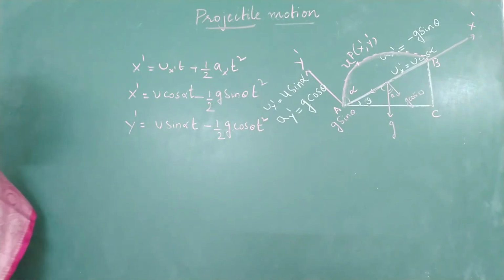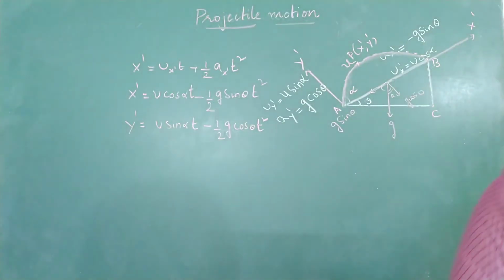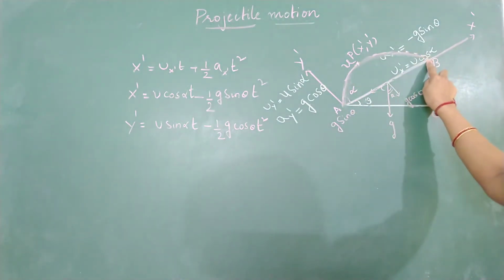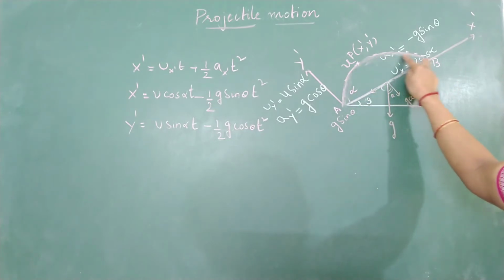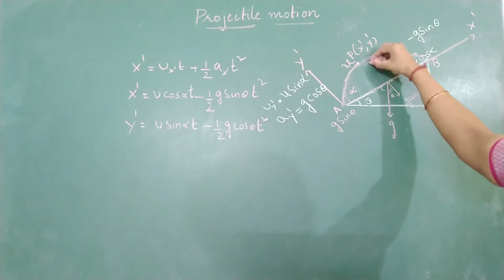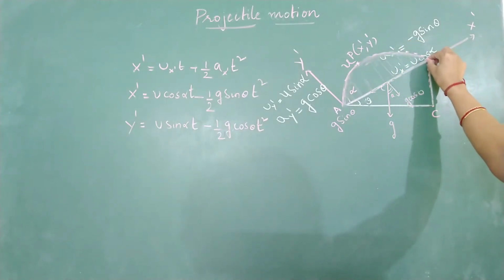And now if you want to find the time of flight, how do we define the time of flight? Time taken by this projectile to reach the inclined plane. During this time of flight, is this y dash distance first increasing, then decreasing, finally becoming 0?